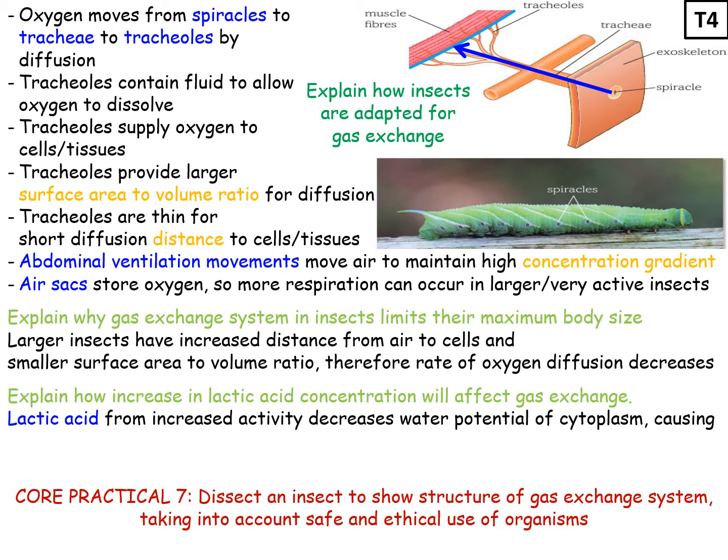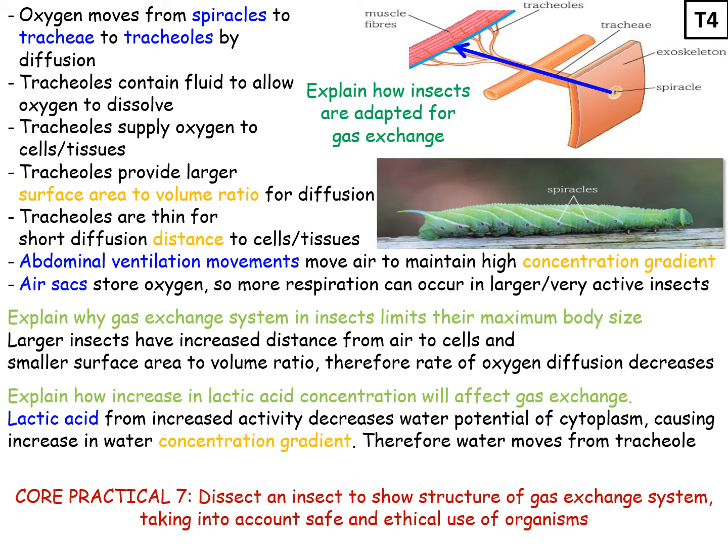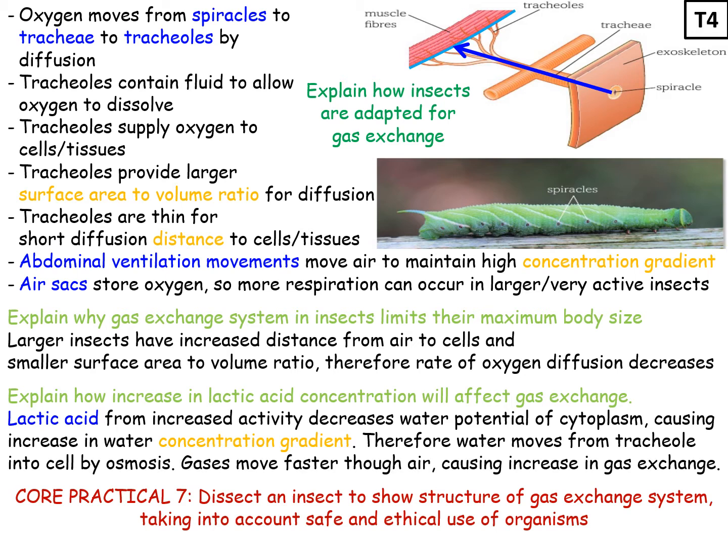And as I stated earlier, there is a layer of water in the tracheoles, and that means that there will be a higher water concentration in the tracheoles, and that will force that water to move into the body or muscle cell by osmosis. And when it does that, there's less layer of liquid in the tracheoles, and the oxygen should therefore diffuse faster because it's quicker to diffuse through a gas than it is to diffuse when dissolved.